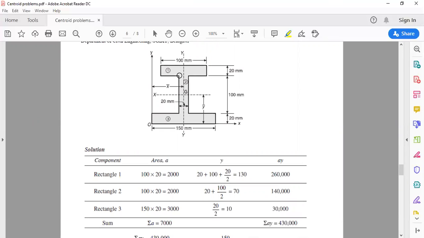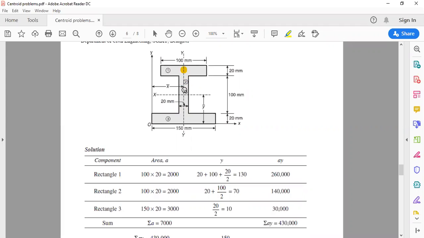If you divide those, the first rectangle, the second one, and this will be the third one. So the first and foremost thing is divide the given section into common geometrical figures. Once you divide it, the next thing is you're going to locate the individual centroid for each of those geometric figures.